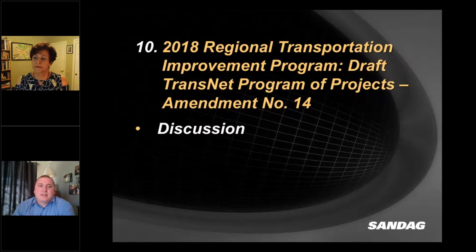However, the TransNet Extension Ordinance requires that SANDAG prepare an update to the TransNet Program of Projects, or POP, which is programmed in the RTIP every 2 years. Therefore, to comply with the ordinance, we asked local agencies to update their program of projects for fiscal years 21 through 25 and to program it as an amendment to the existing 2018 RTIP.